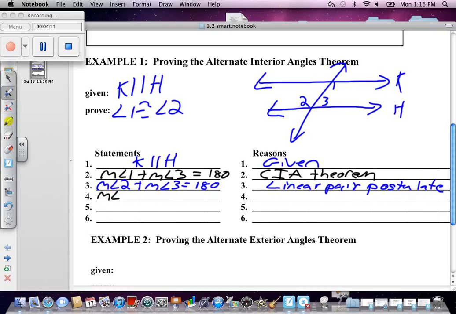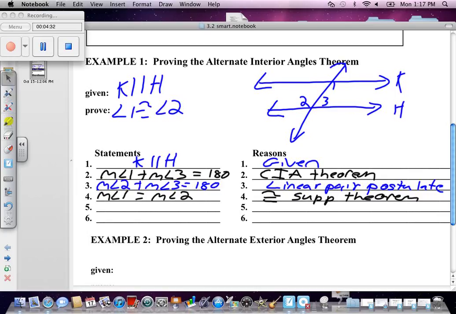Next, we know the measure of angle 1 equals the measure of angle 2 because of congruent supplement theorem. If two angles add up to 180 with the same angle, then they must be equal to each other.